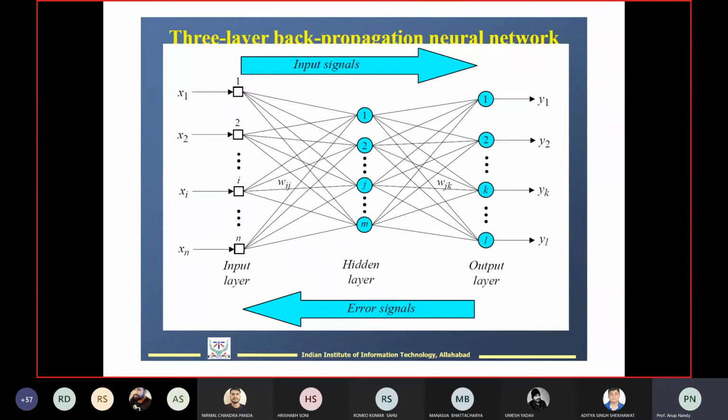So here we have the hidden layer and the output layer. Each node except the input nodes is a neuron that uses a nonlinear activation function, because your problem is not linearly separable, and that is why you are applying this multilayer perceptron.